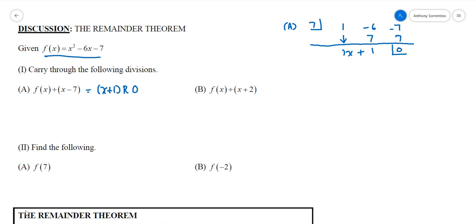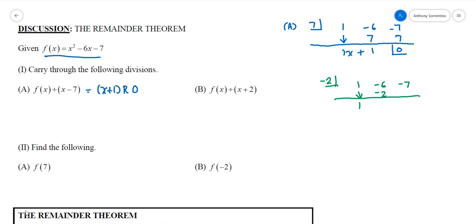When I do b and do f of x divided by x plus 2, I'm still going to have the 1, the negative 6, and the 7. Since x plus 2 is the factor, the 0 that would result from that is a negative 2. And so if I carry this through, bring down the 1, multiply by negative 2, I get negative 2.